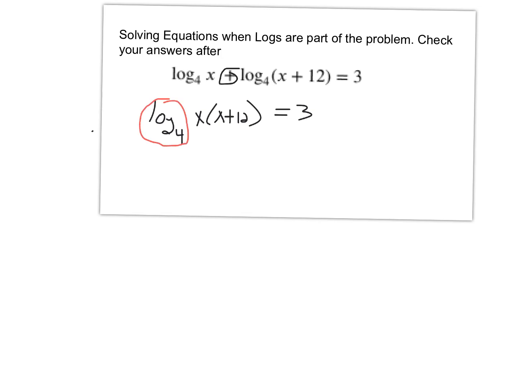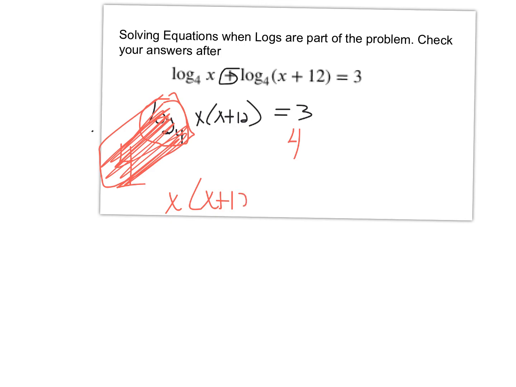So I'm going to make this whole thing an exponent, and we're going to do a new power base of 4s to make this go away. So 4 to the log base 4 cancels, leaving me x times x plus 12 is equal to, now 4 cubed is 64.